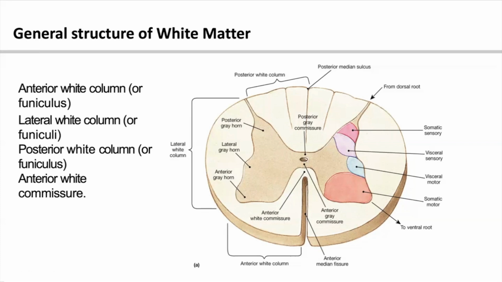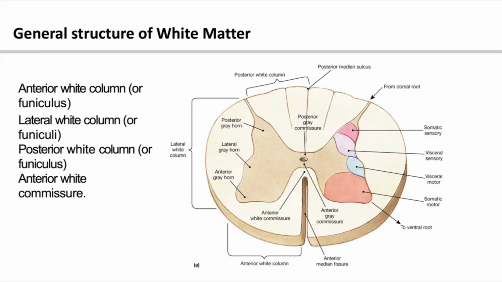Okay, this is the region where the axons cross each other. So it's known as the anterior white commissure. So anterior white column, and this is the posterior end, which is known as the posterior white column, and in between, this side region, which is known as the lateral white column.